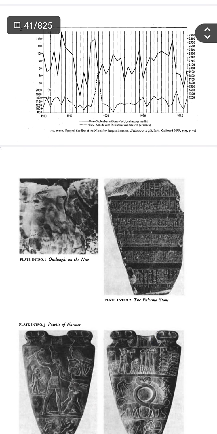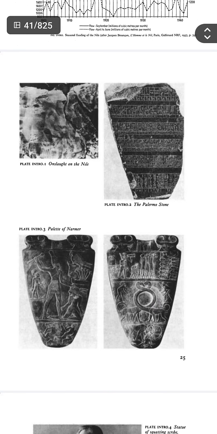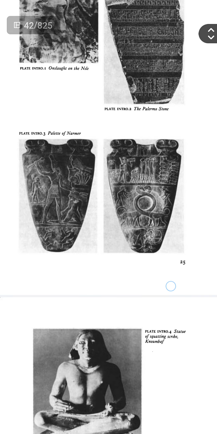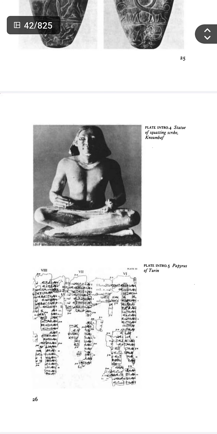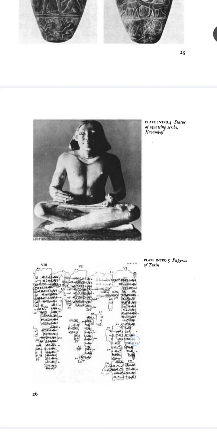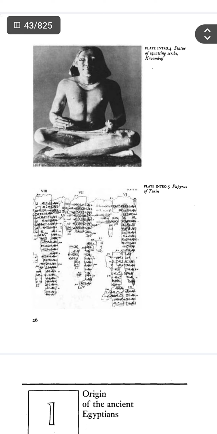And it does have some illustrations here. You see there are Egyptian palette stones, Palermo stone, palette stones. Lots of statues. And I love here that it will show a lot of the papyrus that is used.